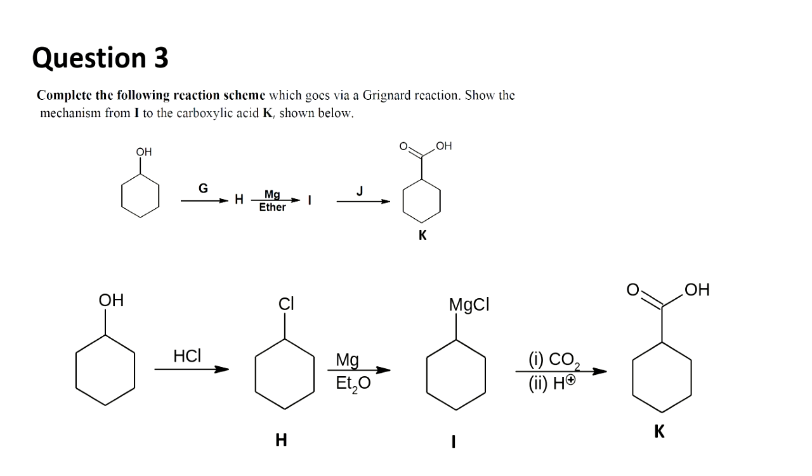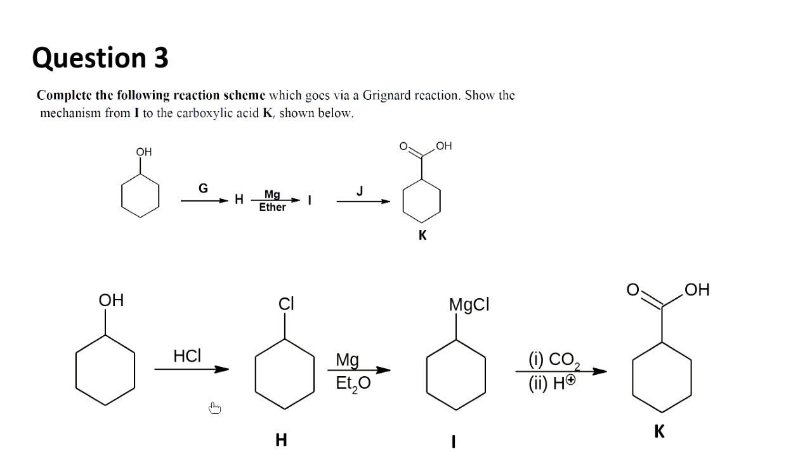So we have our reaction scheme with our carboxylic acid, and we know that we can form our alkyl halide using HCl. Is there another reagent we could have used to form the alkyl halide apart from HCl? Great.